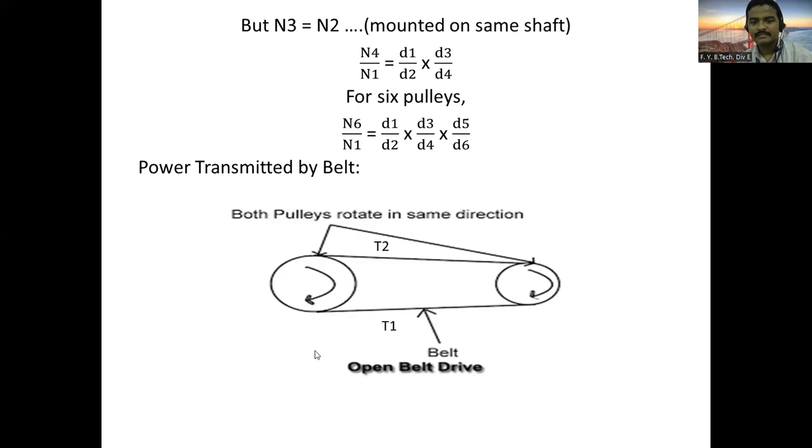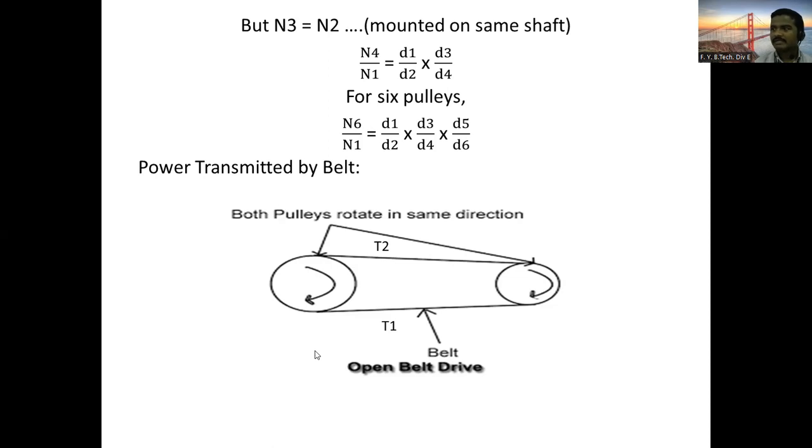Next point for our discussion is power transmitted by the belt. If there is an arrangement of open belt drive or cross belt drive, how will we calculate the amount of power transmitted by the particular belt drive?